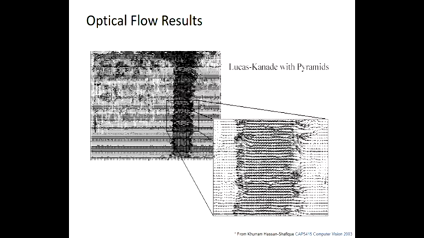So for every pixel, for every intensity at x,y, you replace it with the intensity at x plus u, y plus v. So the warping is just basically replacing values with values at another position.